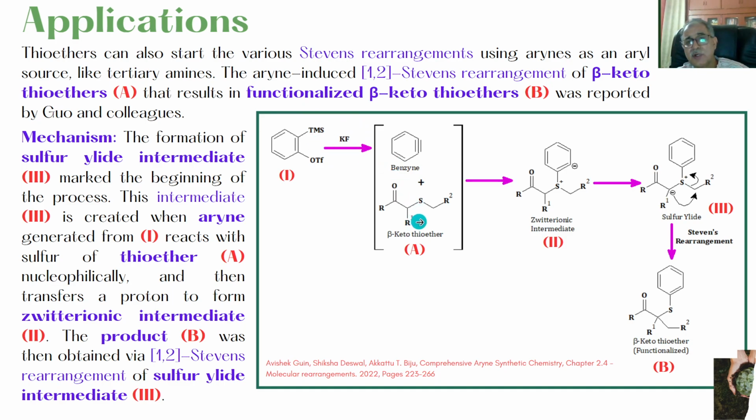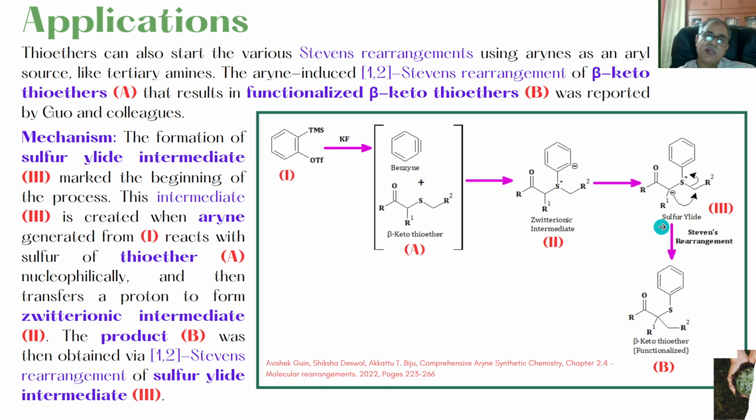again here also the lone pair present on sulfur will attack this carbon, and this triple bond will be converted into a double bond. So that means to one carbon the sulfur will get attached and the other carbon will have the negative charge. So again we will get 1,3-dipolar sulfides, and then from the next alpha carbon, hydrogen will be abstracted by this carbanion, and we will get these types of sulfur ylides.